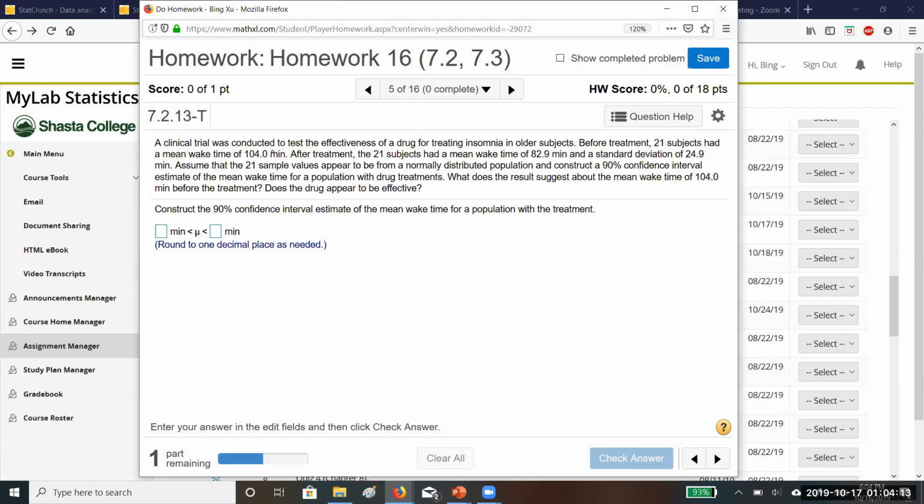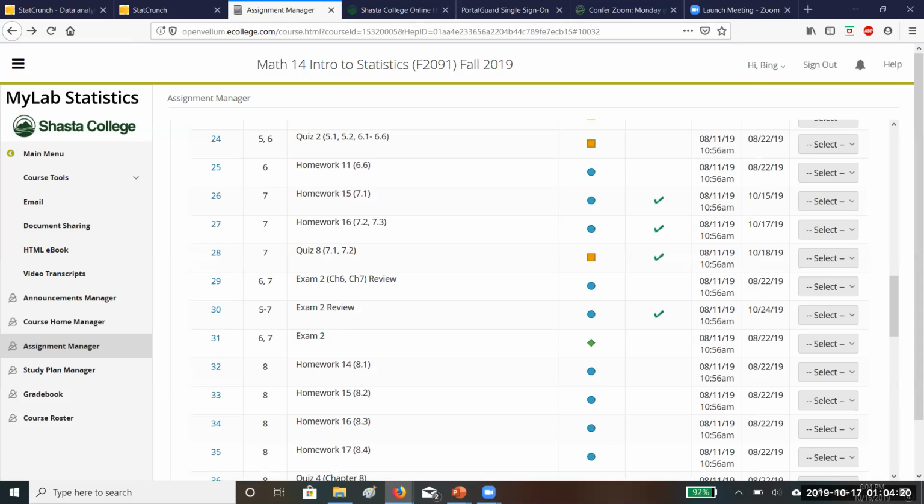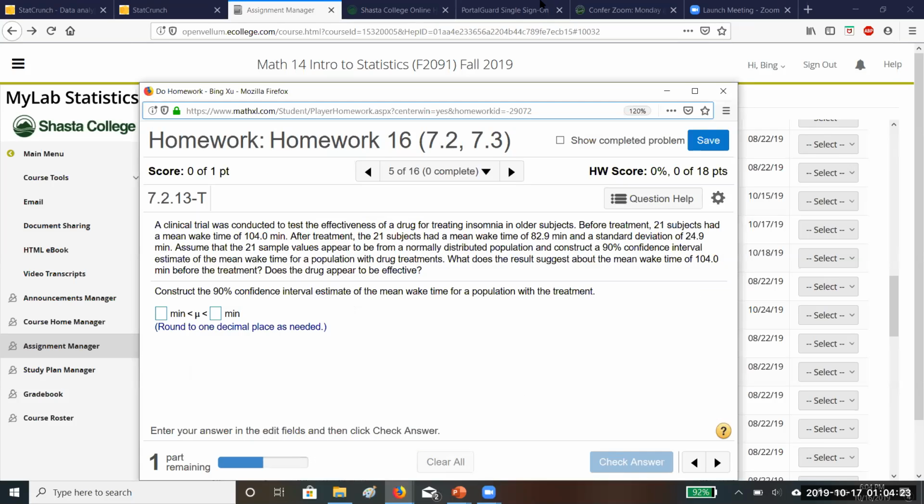Okay, so this is before. This number is confusing. Okay, I want to write on it. All right. So after the treatment, 21 subjects. So N is 21, and this sample has a mean. So X bar is 82.9.